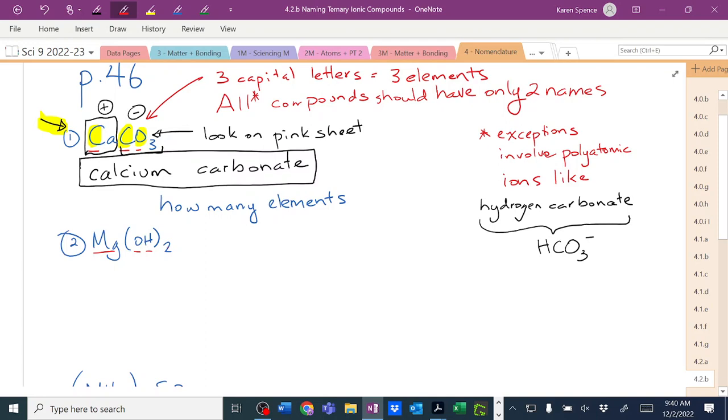So what that means is that you're going to put a box around your metal, and everything else is a polyatomic ion.